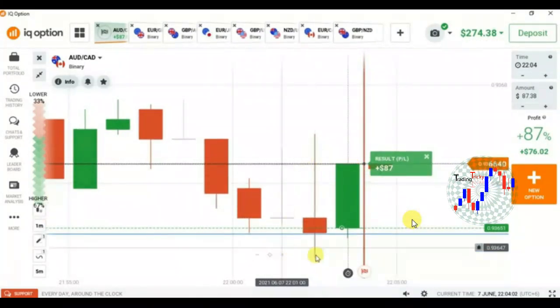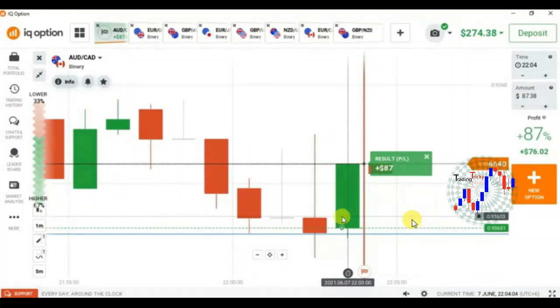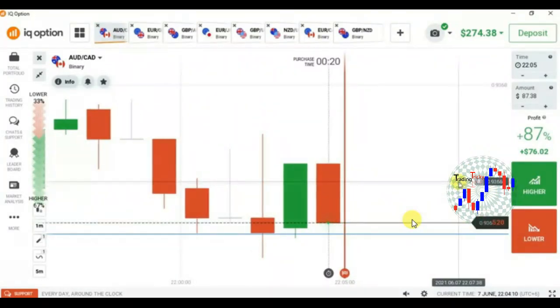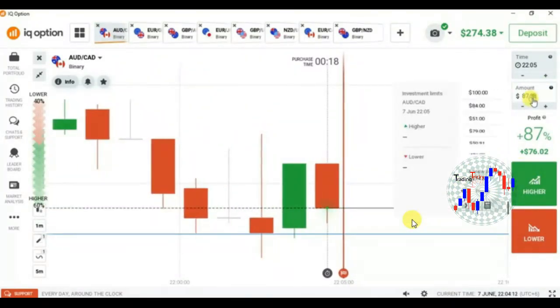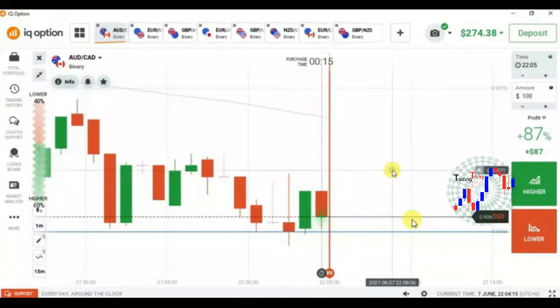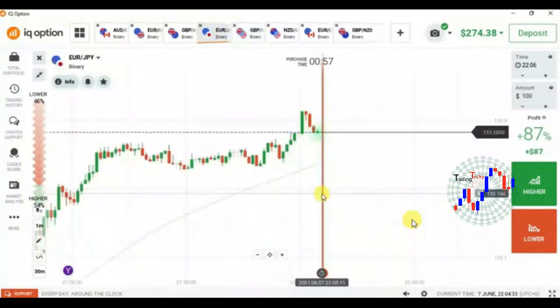Okay, see, very faster movement, which is not good sign for market. Okay, so this is not good.